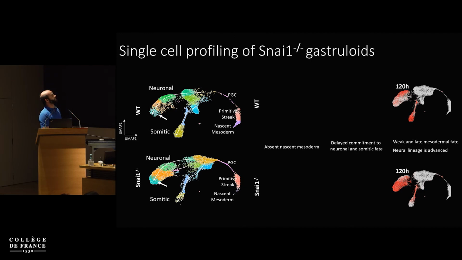In contrast, the neuronal lineage is actually more advanced in the mutant than it should be. In the wild type, we see a majority of what could be characterized as NMPs, while we have more advanced differentiated neurons in the mutant. So it looks like the timing and the pace of differentiation is completely altered. It's not that everything is late. Some lineages are too early, some lineages are too late, as if they don't really know what to do anymore.